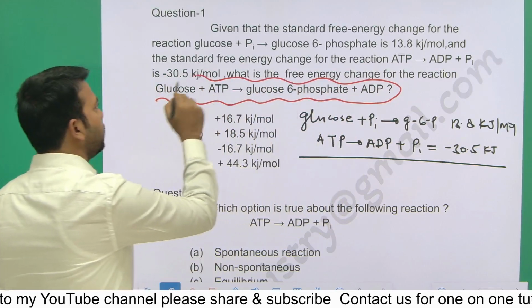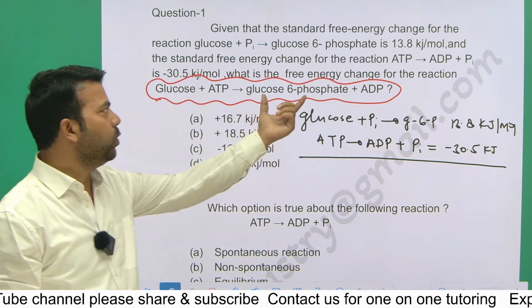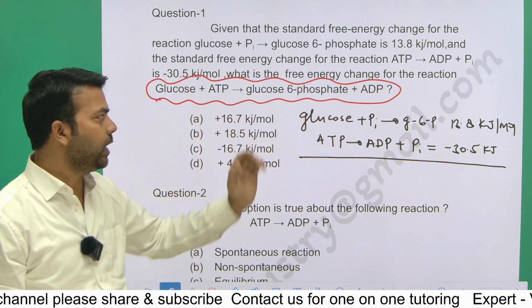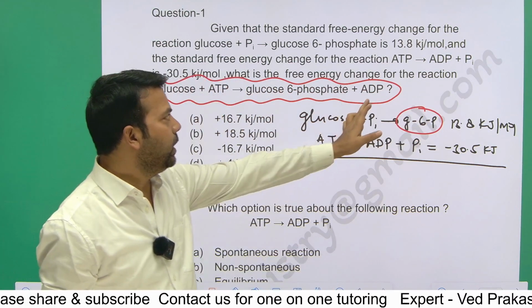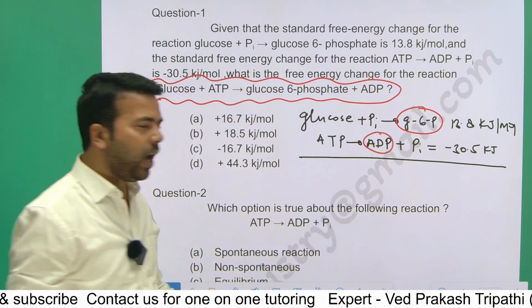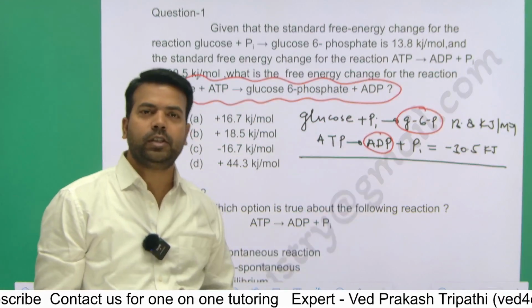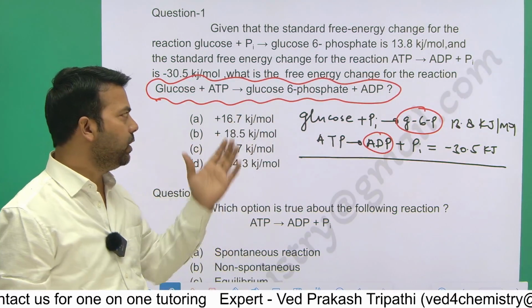This is the net equation. If you look at it, glucose 6-phosphate is on the product side, and ADP is also on the product side. You have to add both of the equations, and once you add them, we can get the final equation given in the question.